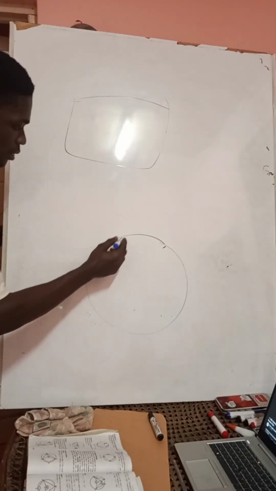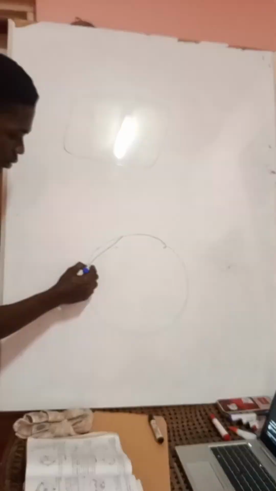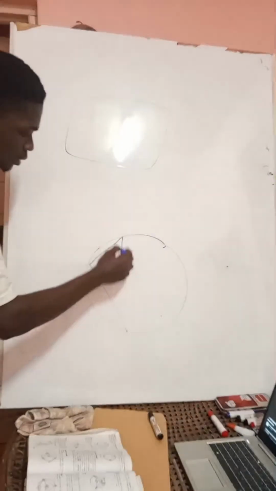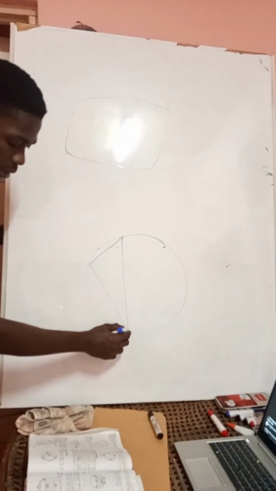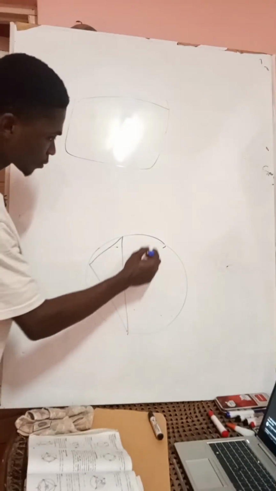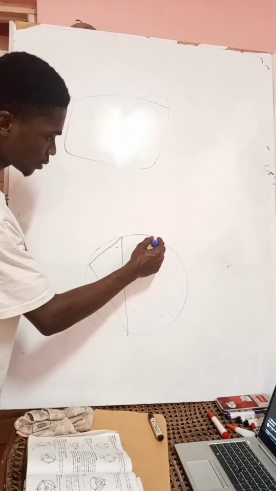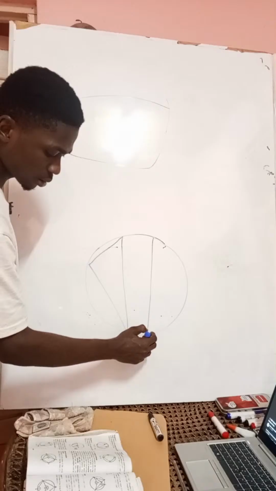So two triangles in it. This is one triangle, and then another triangle is here. Let me take this one for instance.